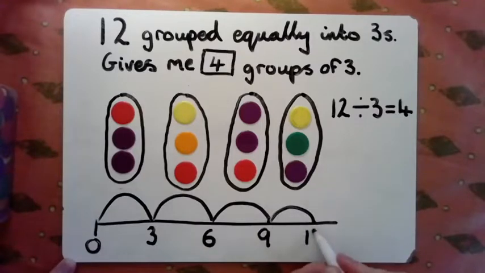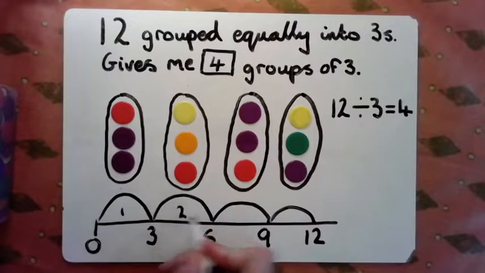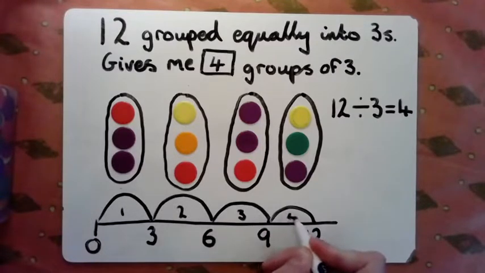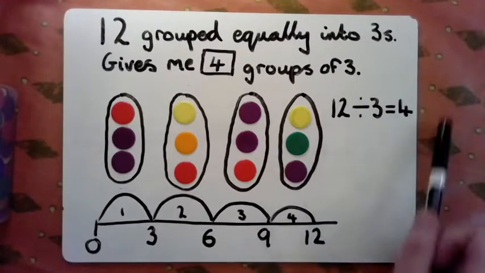Then I look, how many groups did I do? The jumps show us how many groups of 3 we did. So we've done 1, 2, 3, 4. I've done 4 jumps of 3, 4 groups of 3, and my answer is 4.